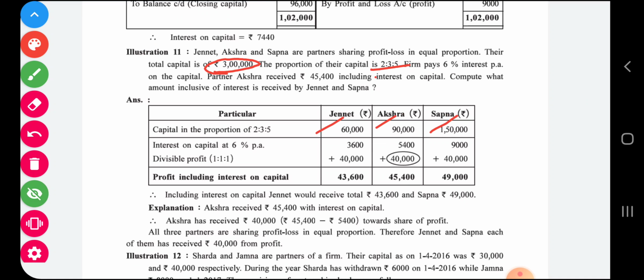You can do this calculation in your calculator. Now the firm pays 6% interest on capital. So if we calculate 6% interest on these figures, we will get 3,600, 5,400 and 9,000. That is interest on capital at 6% on their capital.